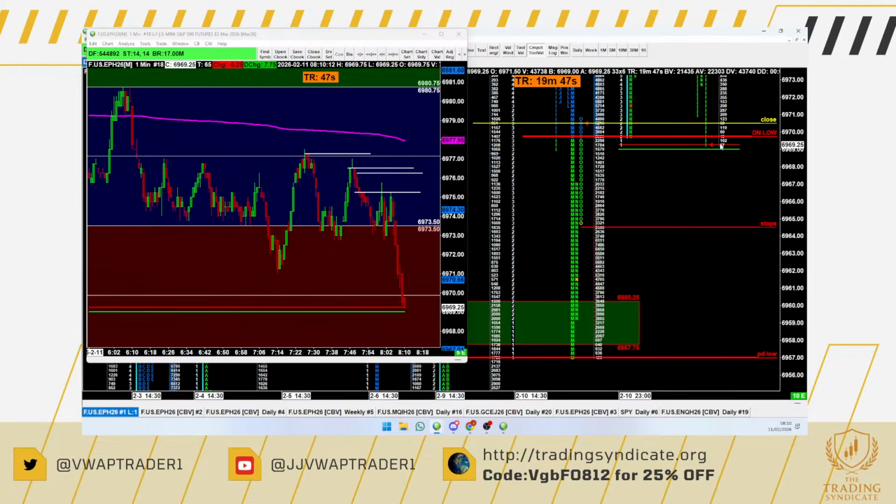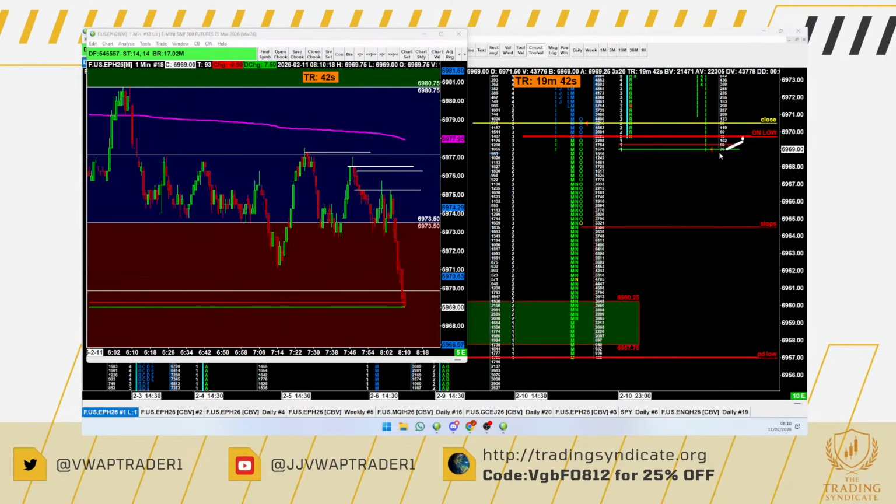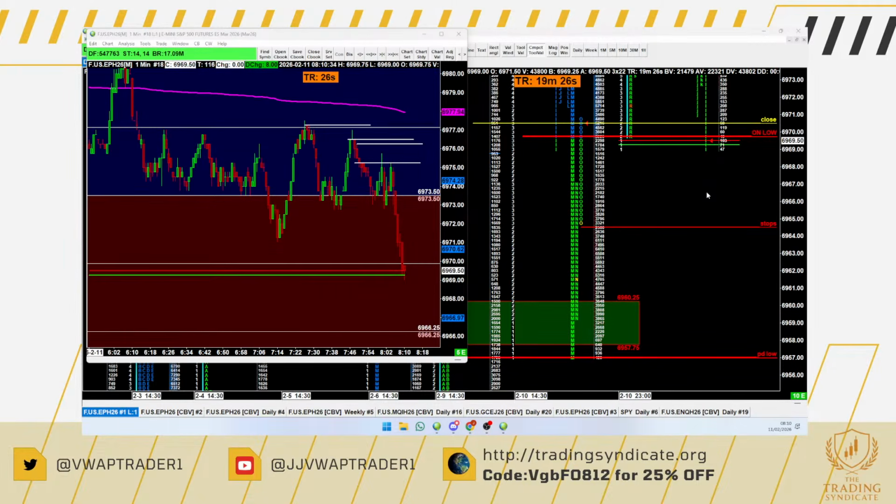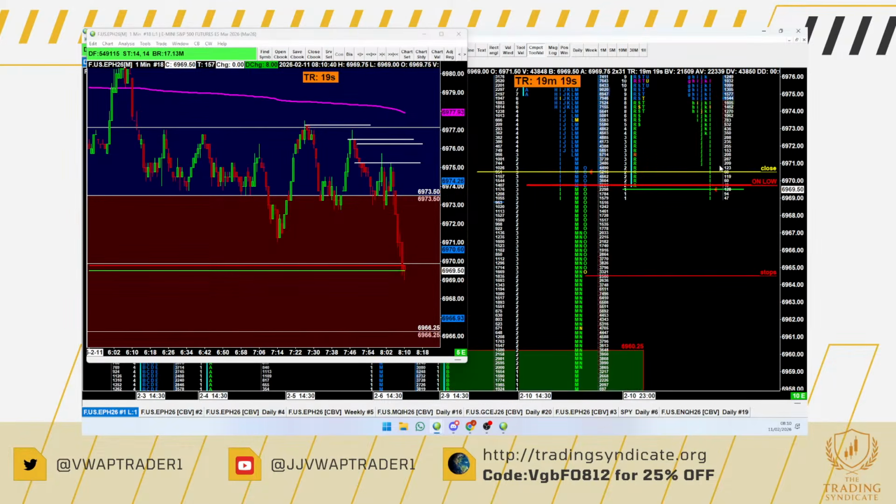So if we stay under the overnight low, the sell orders should start competing because we'll have a seller here competing and they'll start moving lower, right? Let's see if they do that. If we accept over the overnight low and get back up over the close, and stay over the close, then we'll rotate back up.